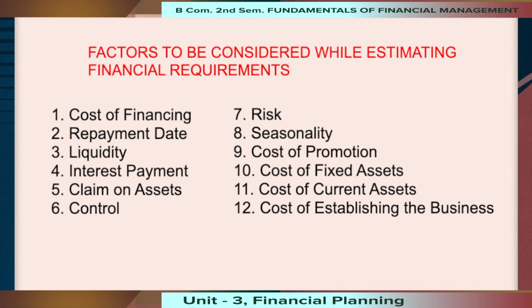Next one is cost of fixed assets. The amount invested in fixed assets like land and buildings, plant and machinery, furniture, etc. should be based on estimates supplied by the production and engineering departments. The next one is cost of current assets.